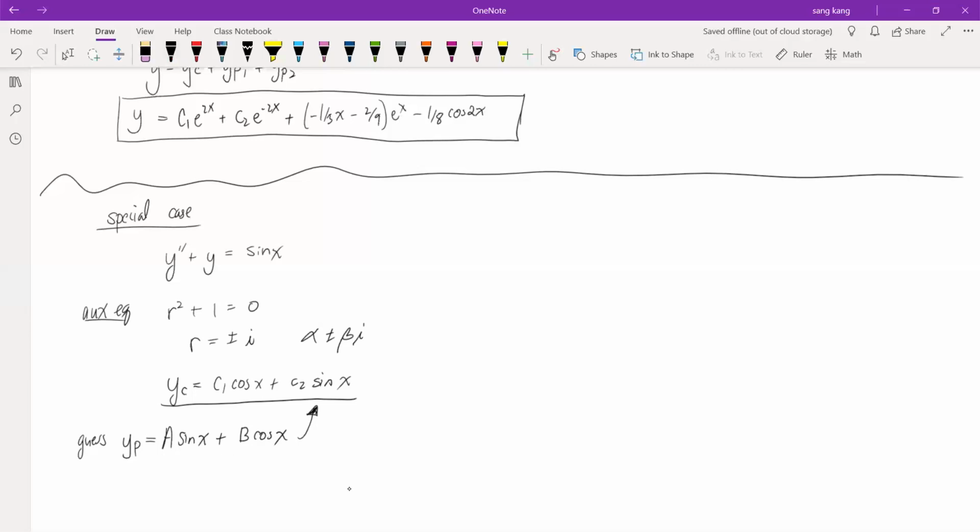So in order to avoid that, when terms in your particular solution coincide with terms in your complementary solution, you can avoid this by multiplying the duplicate terms in your particular by x. So since we show a sine term and cosine term both in our complementary solution, we're going to multiply both of those terms with x.